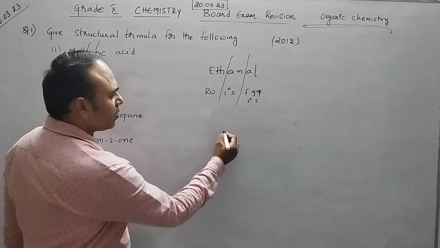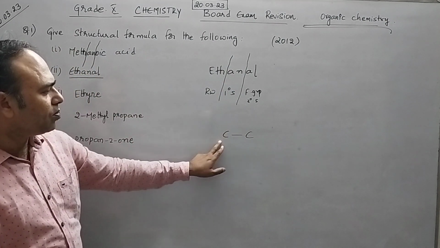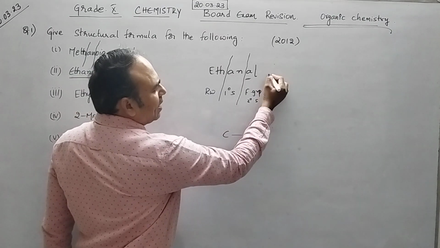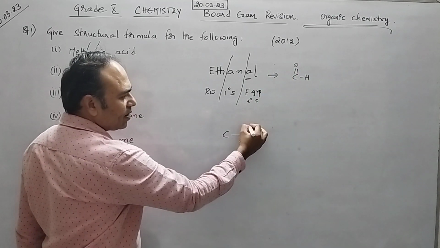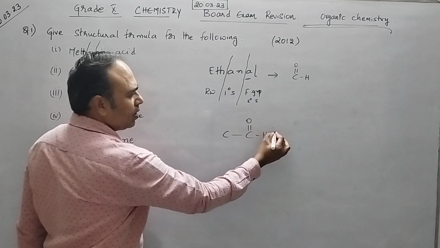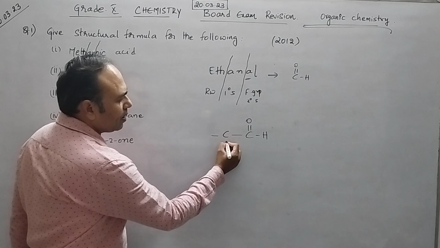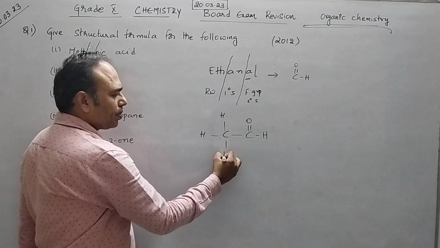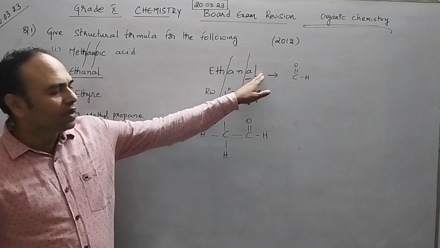It means 2 carbons. Write 2 carbons. Then ANE is single bond, already we have represented. Then AL is aldehyde. What is aldehyde? The CHO group, like this. Next, complete the valency of carbon. Here 4 bonds, and write hydrogens to that. So CH3CHO is ethanal.